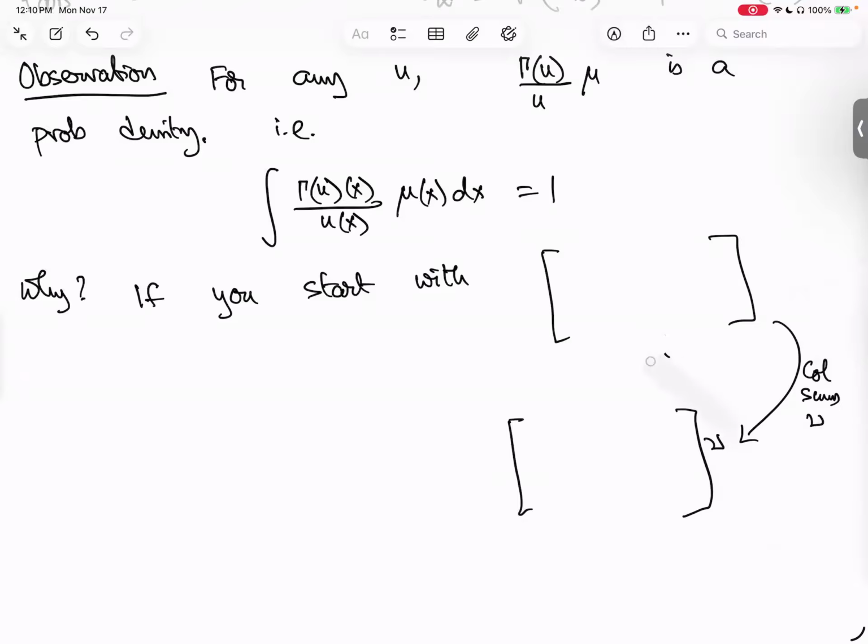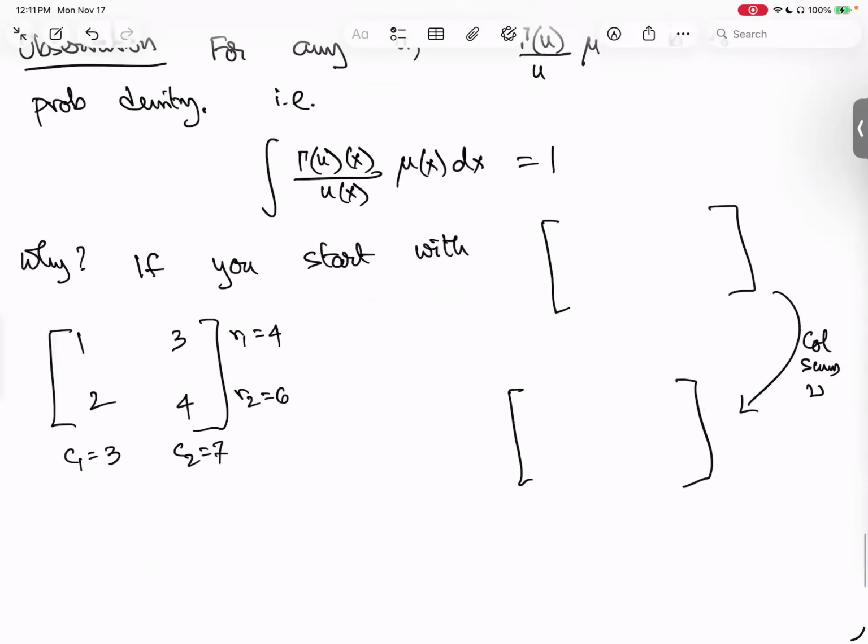Can you remind me, if you say column sum, are you saying take each column and sum it up? A column sum means that you take every column and add up all the elements. A row sum is you take every row and add up all the elements. For the matrix 1, 2, 3, 4, the row sums are R1 equals 4, R2 equals 6. The column sums are C1 equals 3, C2 equals 7.